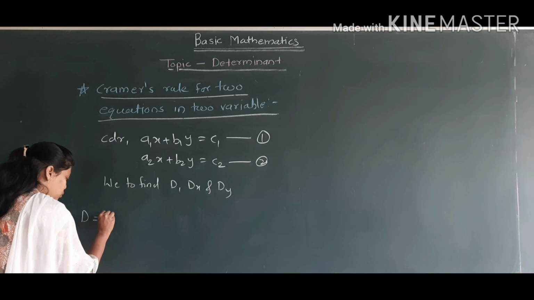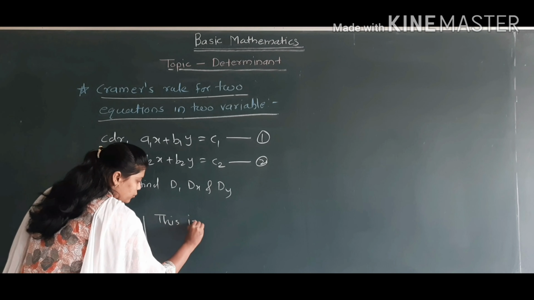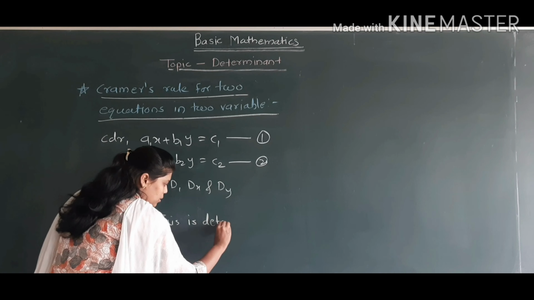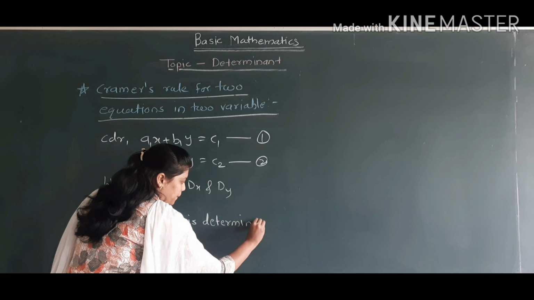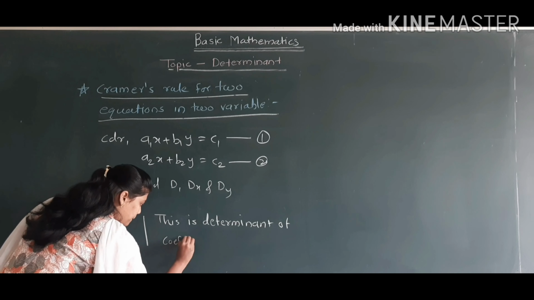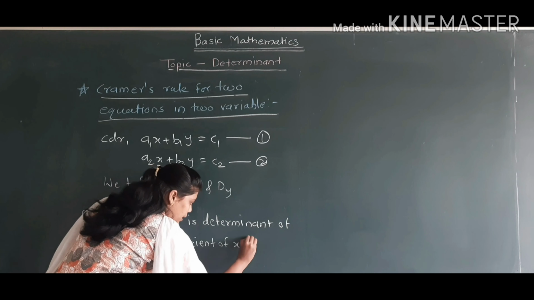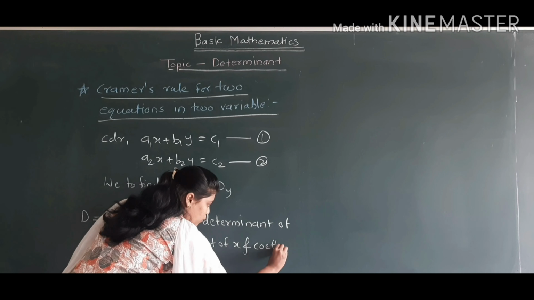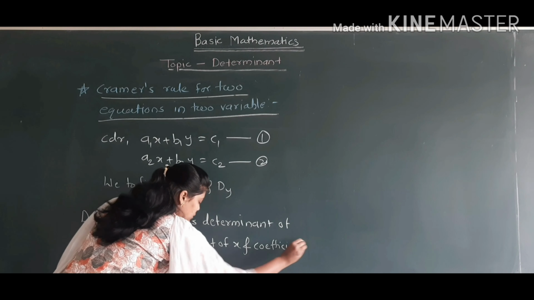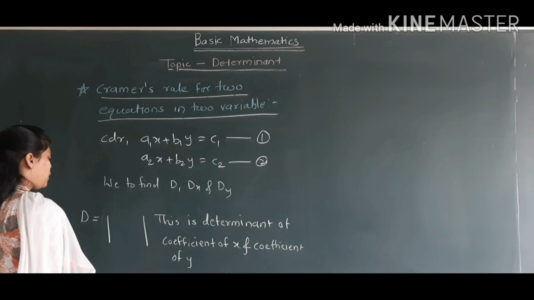D is equal to the determinant of the coefficient of x and the coefficient of y.